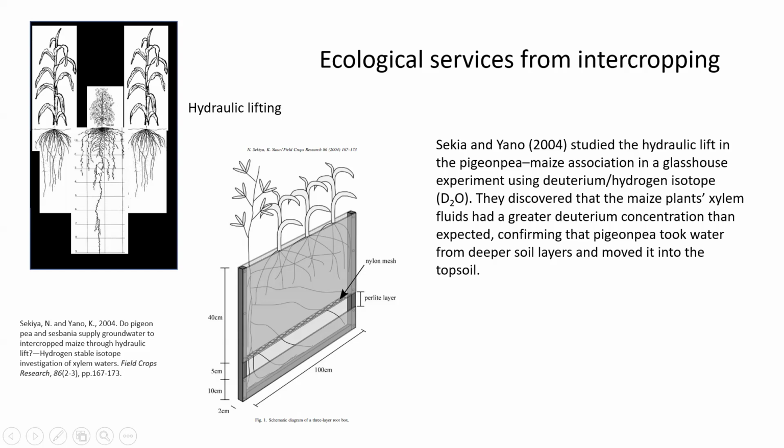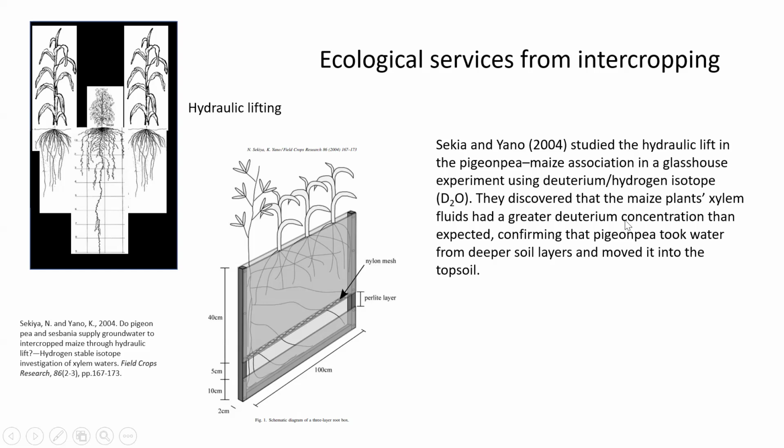And in this case, we're looking at pigeon pea, and research, especially in these controlled conditions, demonstrates that maize plants are receiving some water from this pigeon pea, which is actually extracting water from deeper down in an area where, in this experiment, the maize roots cannot go that deep due to a barrier.